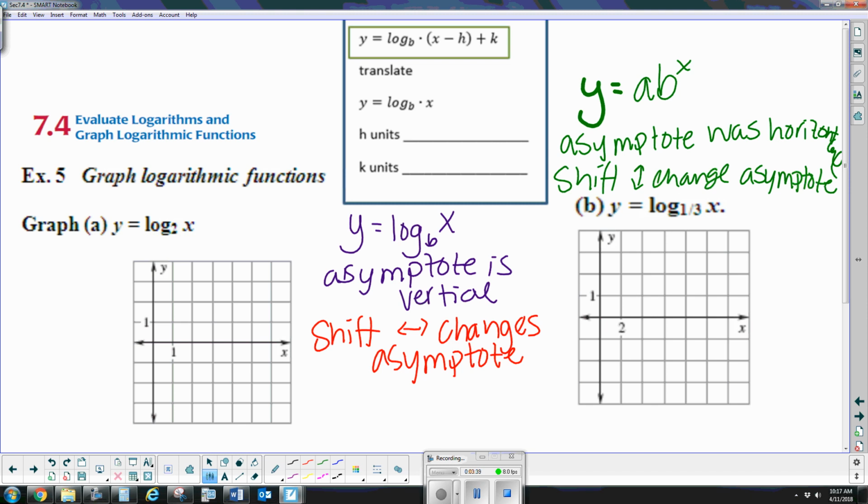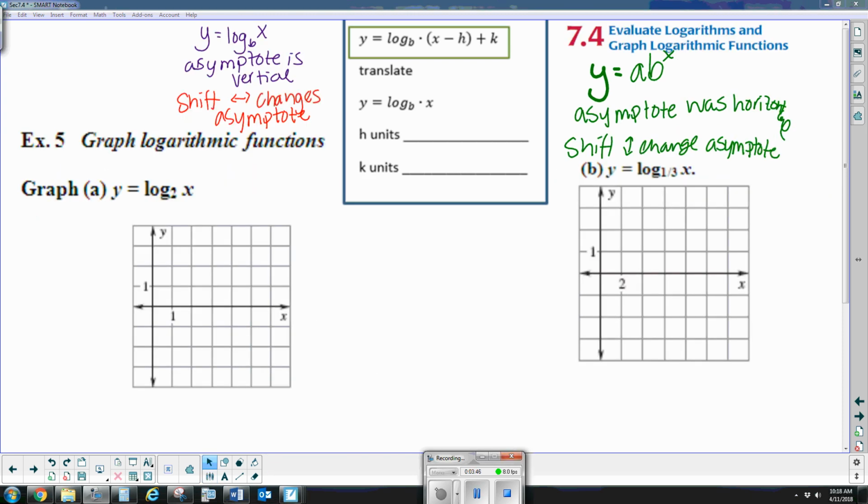Okay, so let's look at this function y equals log of base 2 of x. So here we want to choose a few convenient points. In our exponential functions, we always chose 0 and 1. And so in this function, we're going to choose 0 as the exponent and 1 as the exponent, and we'll pick a second exponent just until we get familiar with these.